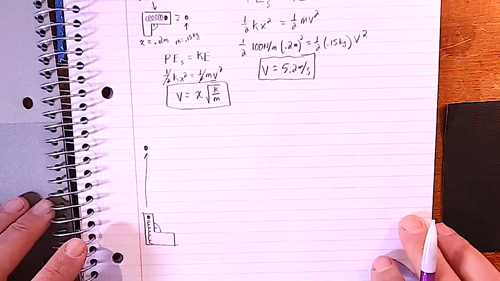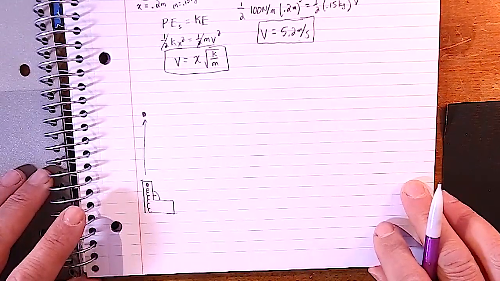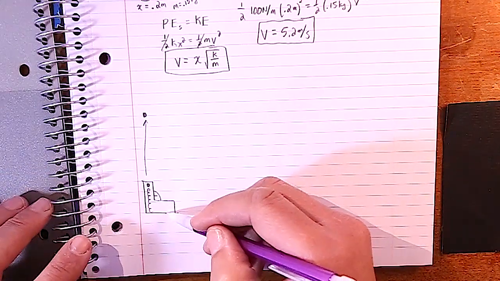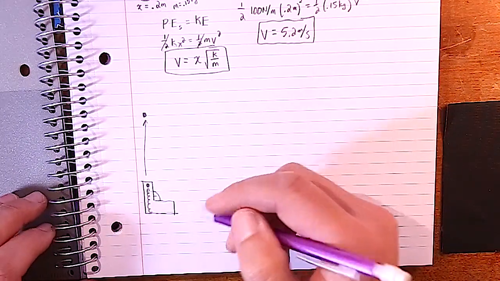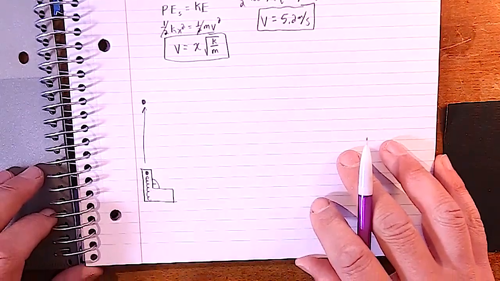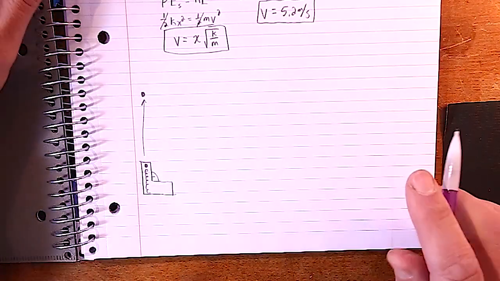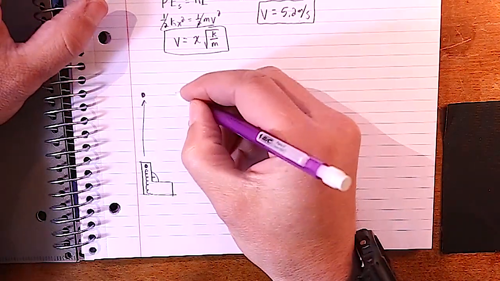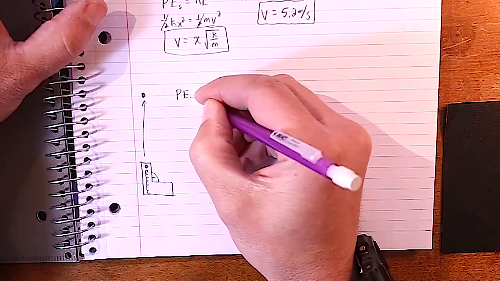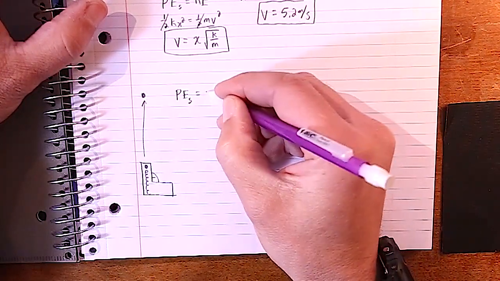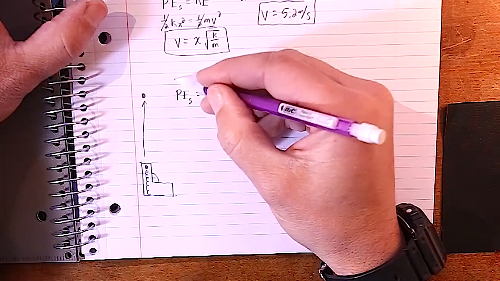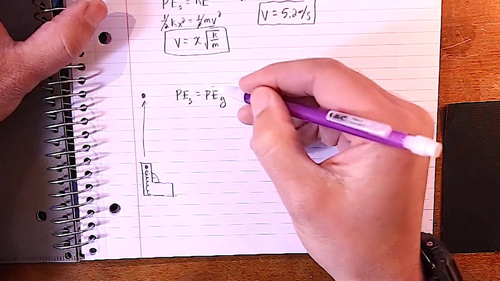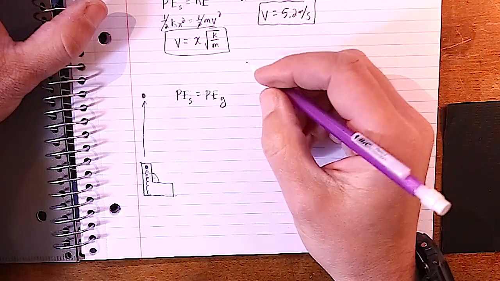Let's switch the problem up a little bit. Let's say that now we take the gun, and instead of firing it sideways, we fire it straight up. The question is, how high is it going to go? In this case, the energy starts as PES, and it ends as PEG. Again, our concept is the total energy we start with has to equal the total energy that we end with.